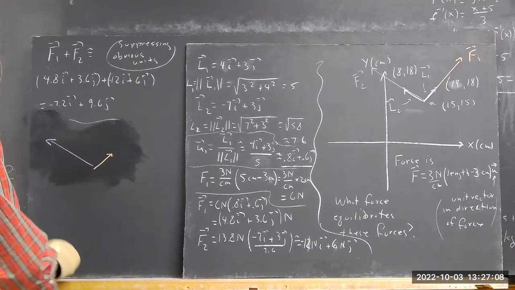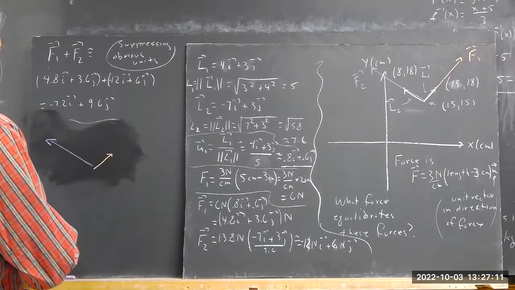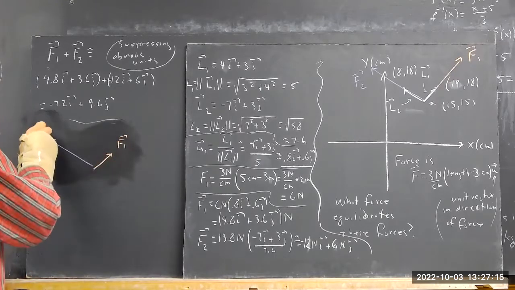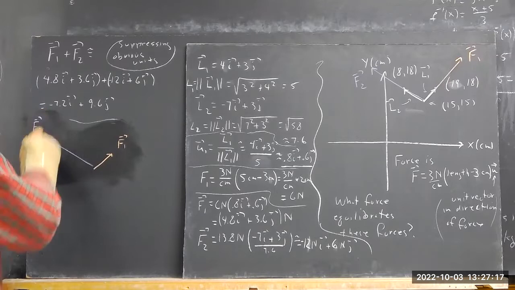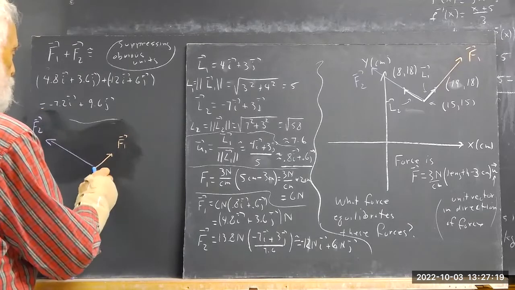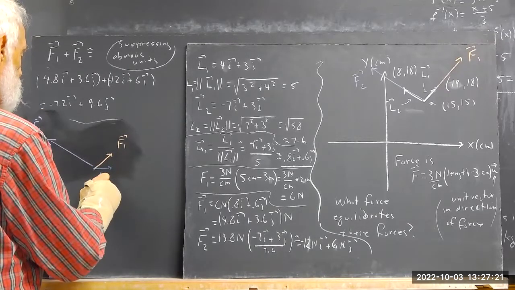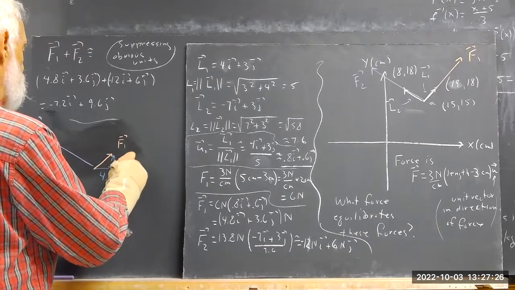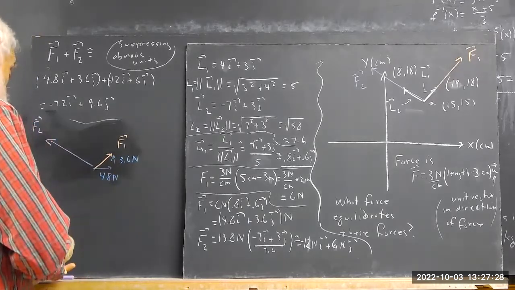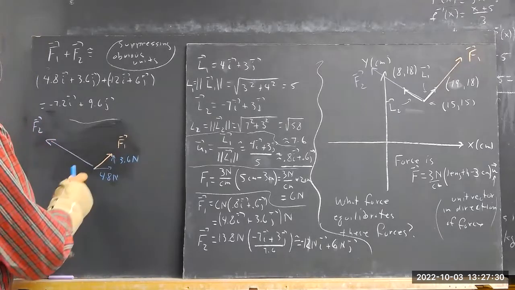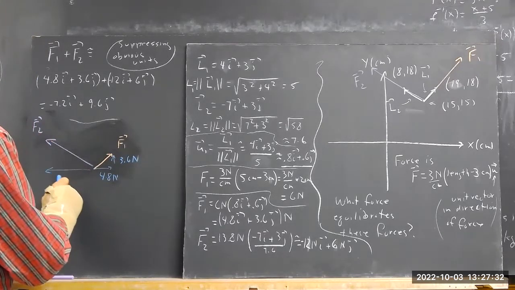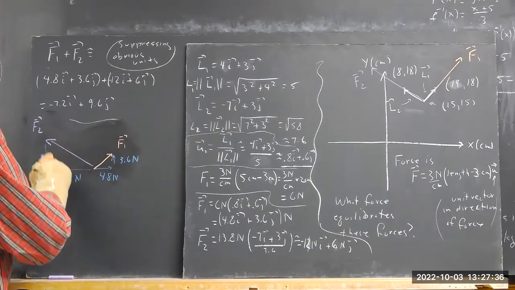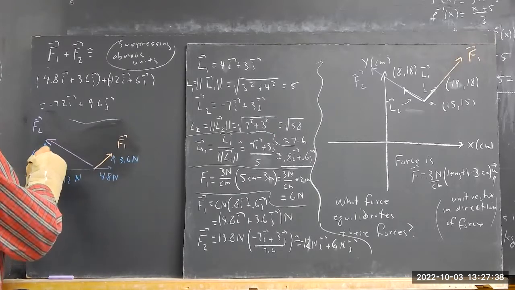Draw the angle a little better. So here's our F1. Here's our F2. And now we've got 4.8 newtons in this direction, not 3.6, and 3.6 newtons in this direction, not 4.8. And over here, we've got about negative 12 newtons and about 6 newtons.